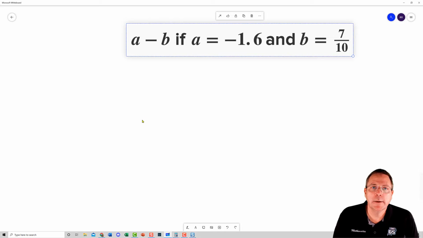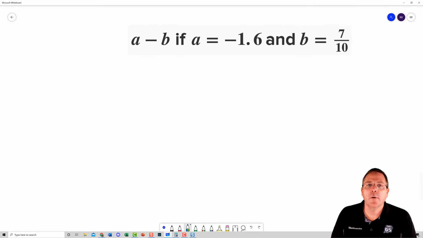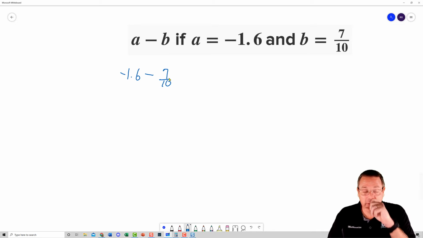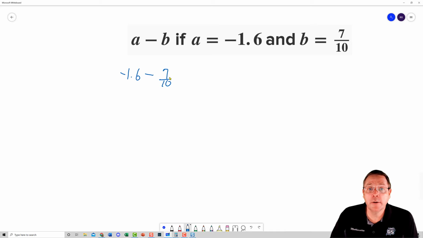Did you get it done? Let's see how I'm going to do it. My a value is negative 1.6, minus my b value, 7 tenths. Now that 7 tenths, I'm going to rewrite as a decimal, just like it says, because that's super easy to do. Negative 1.6 minus 0.7.